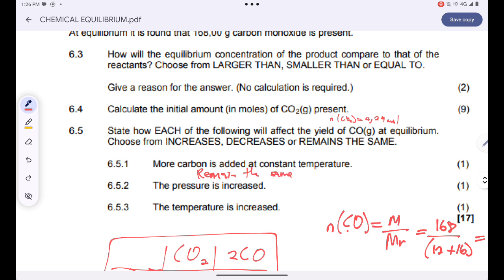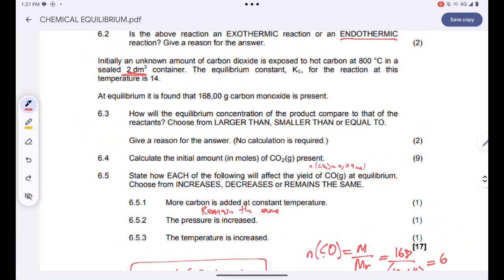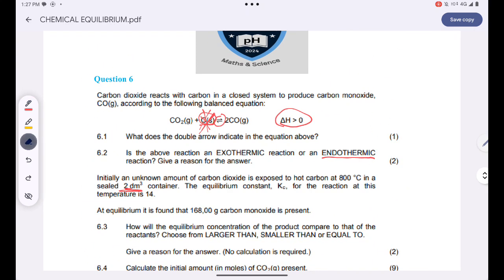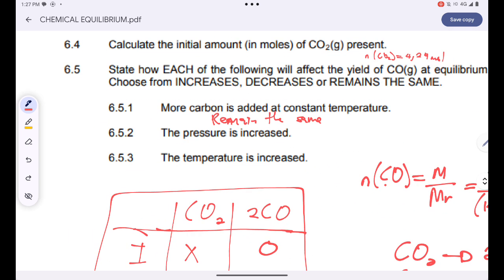And then if the pressure is increased, an increase in pressure, guys, will always favor the side with the least number of gas moles. Now, I only have 1 gas over there, and over here I have 2 gas moles. So this reaction will favor the reverse reaction, and hence the carbon monoxide will be used up, so it will decrease.